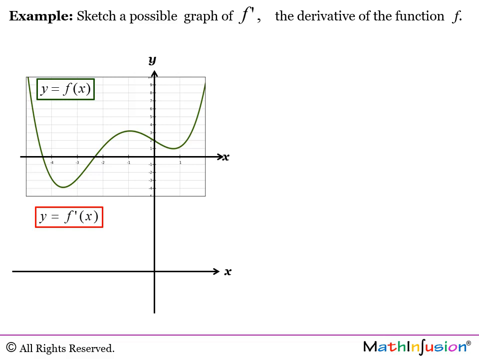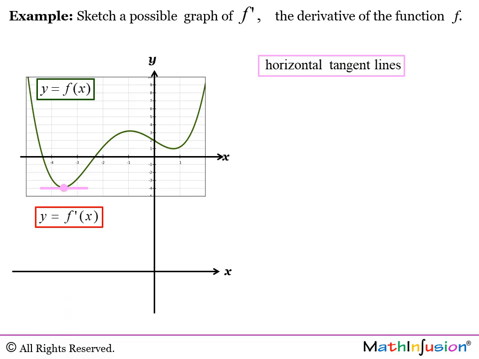Example: sketch a possible graph of the derivative of the function f, and here we can see the graph y equals f(x). So let's start. We will start with all the points on the graph y equals f(x) for which there is a horizontal tangent line.